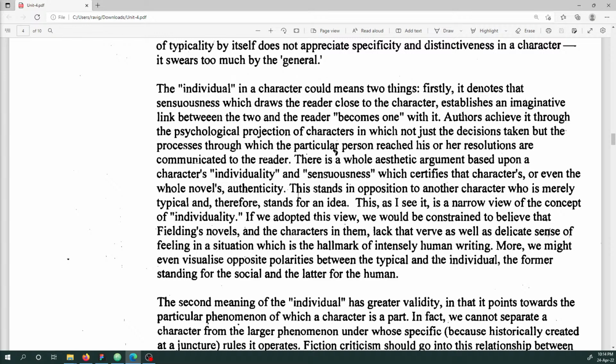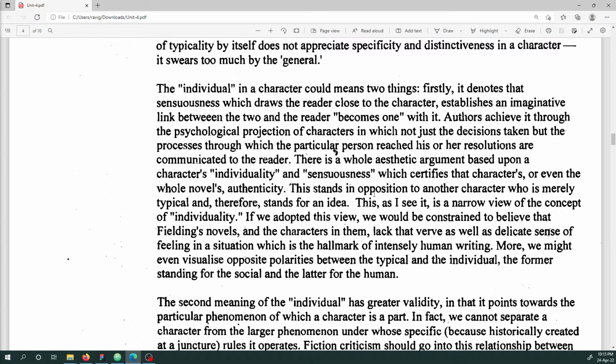This stands in opposition to another character who is merely typical and therefore stands for an idea. This, as I see it, is a narrow view of the concept of individuality.